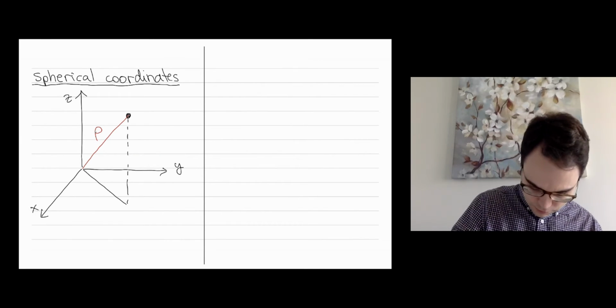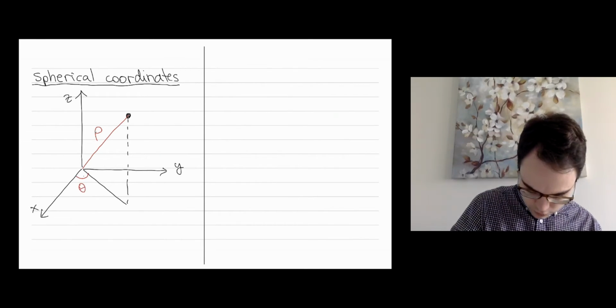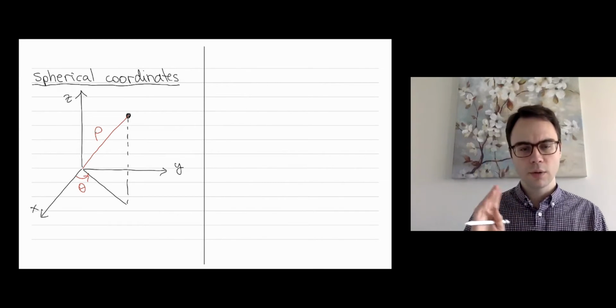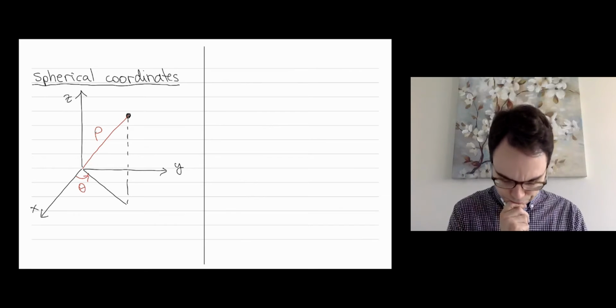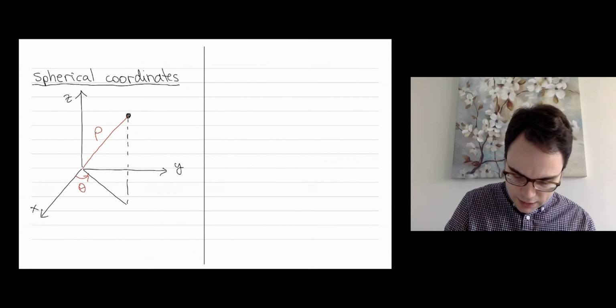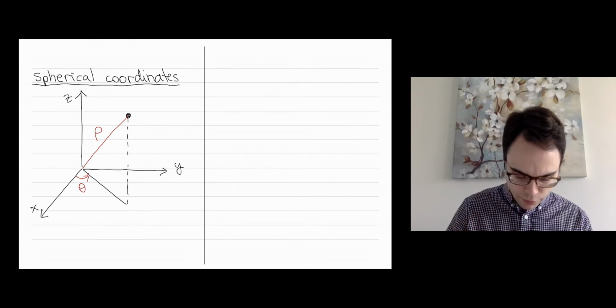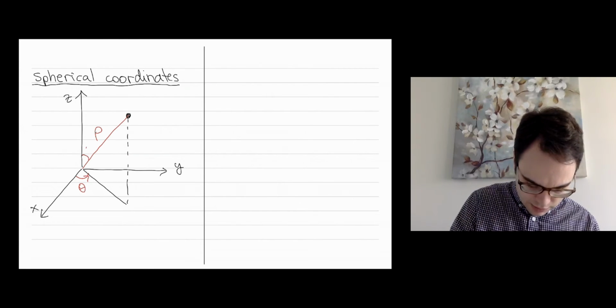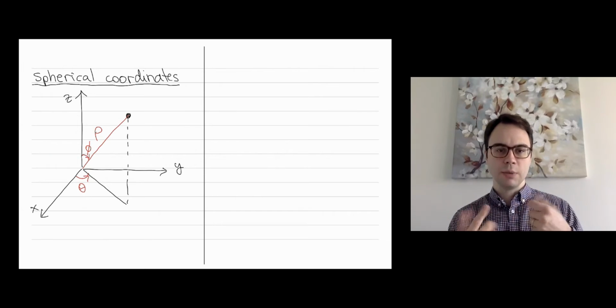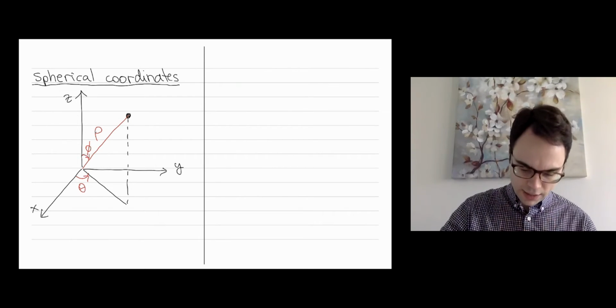So theta is the same theta from cylindrical coordinates. It's the angle of the point around the z-axis. And the third number I'm going to attach to this point to describe it is phi. This is the angle not around the z-axis, but the angle with the z-axis.